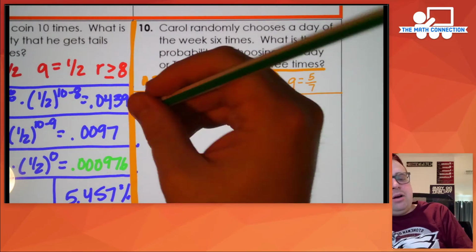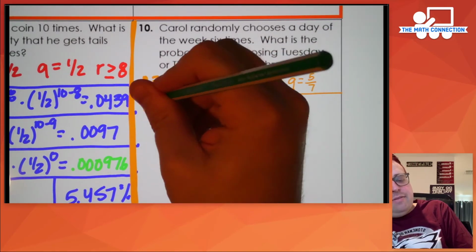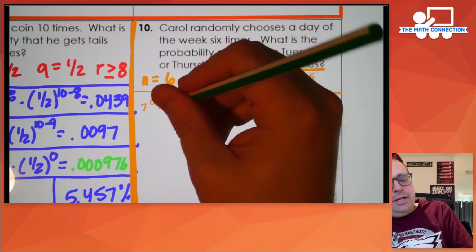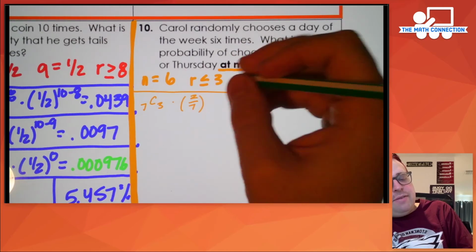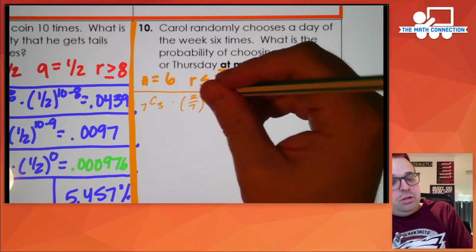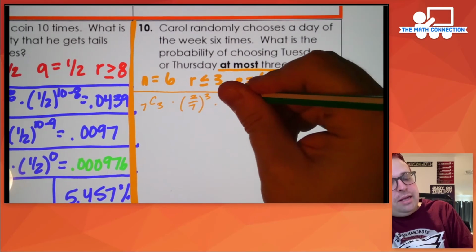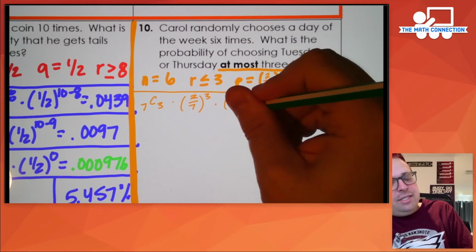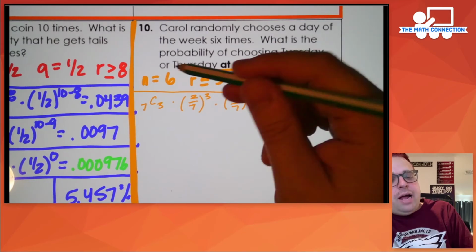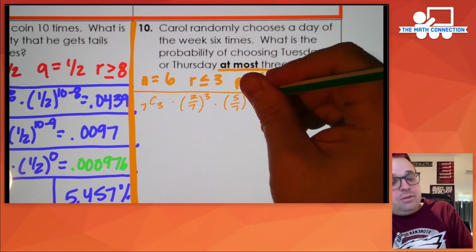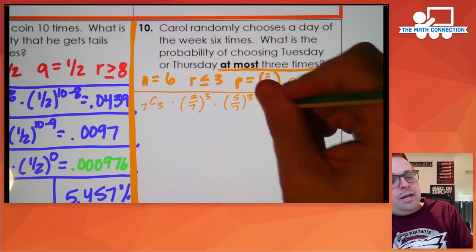That's going to be 7 combo 3. My success rate is 2/7, to the power of r. And then my failure is 5 out of 7, to the power of n minus r, 6 minus 3, which is 3. Okay, and we're going to get an answer.